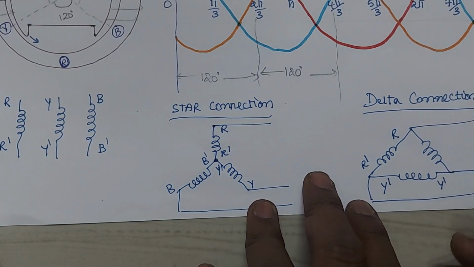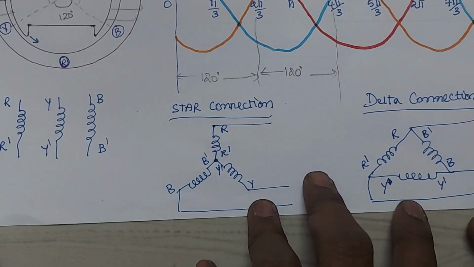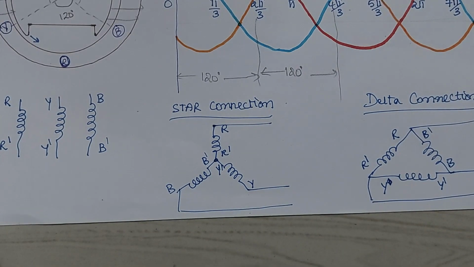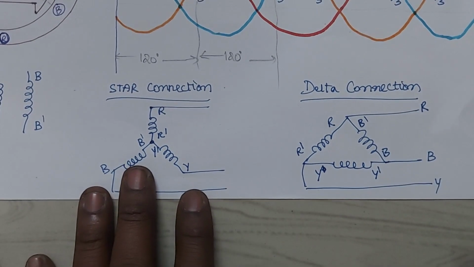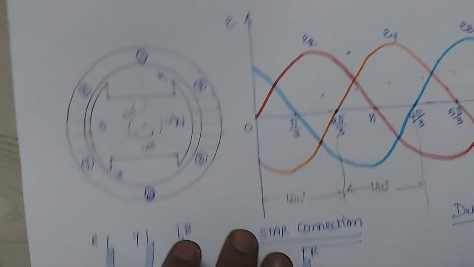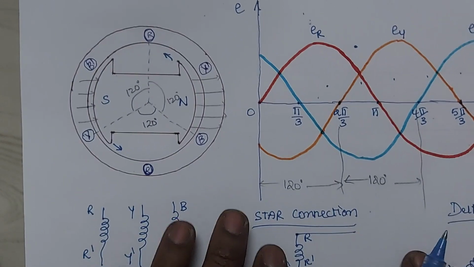Sorry, this is Y dash, and this is the B dash. Now here is a R terminal, and this is a B terminal, and this is a Y terminal, Y phase. So like this a star connection and delta connection, two connections will be there in a three phase machine. Okay.